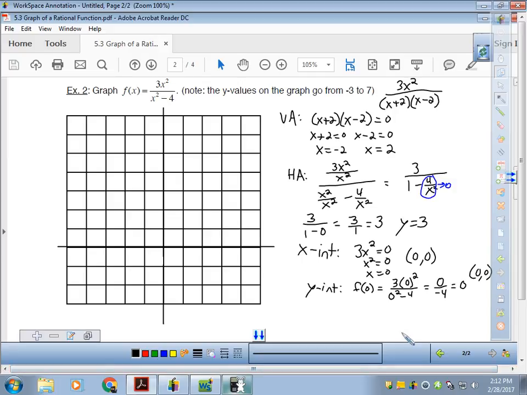Alright, now that we have all that information, let's plot it. We have a vertical asymptote at x equals negative 2, which is right over here. We also have a vertical asymptote at x equals 2, which is right over here.